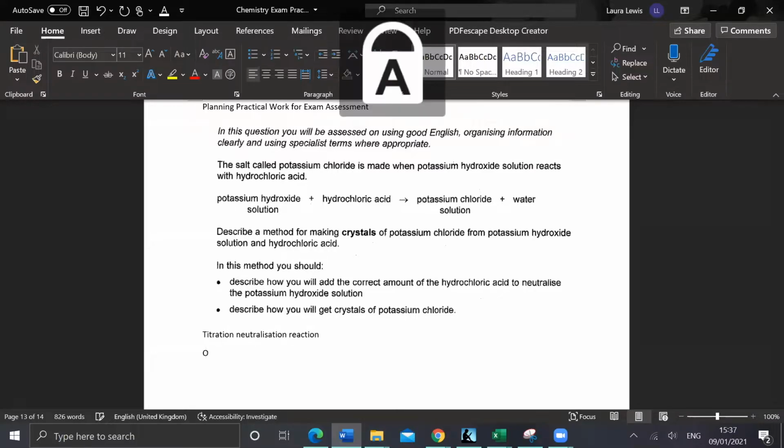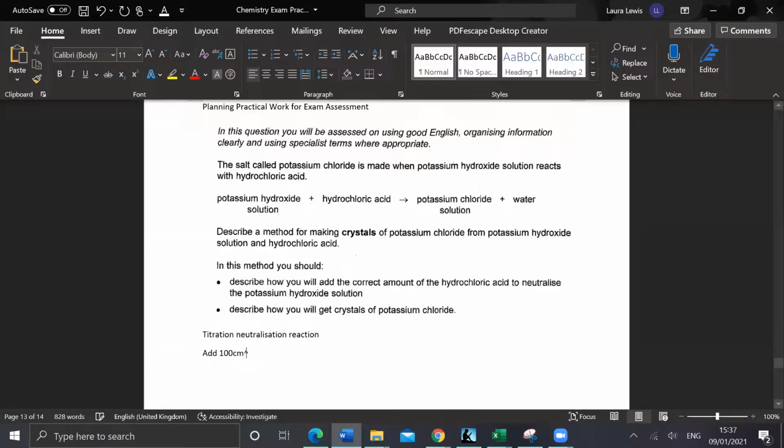So what I'll do is the plan. Add, let's give an amount, centimeters cubed, a volume of potassium hydroxide to a beaker.